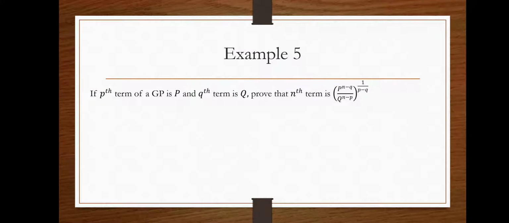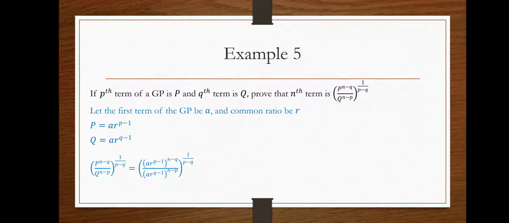Now, whenever I've been given a GP, I always need to consider the first term and the common ratio. So the first term be A, the common ratio be R, and we begin. What is capital P? Capital P is A r to the power P minus 1, and capital Q is A r to the power Q minus 1. All we need to do is use these two values in the expression and solve it.